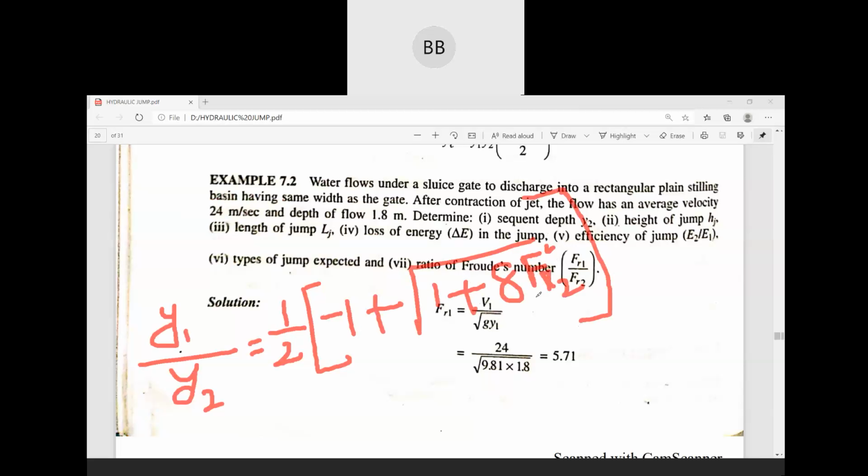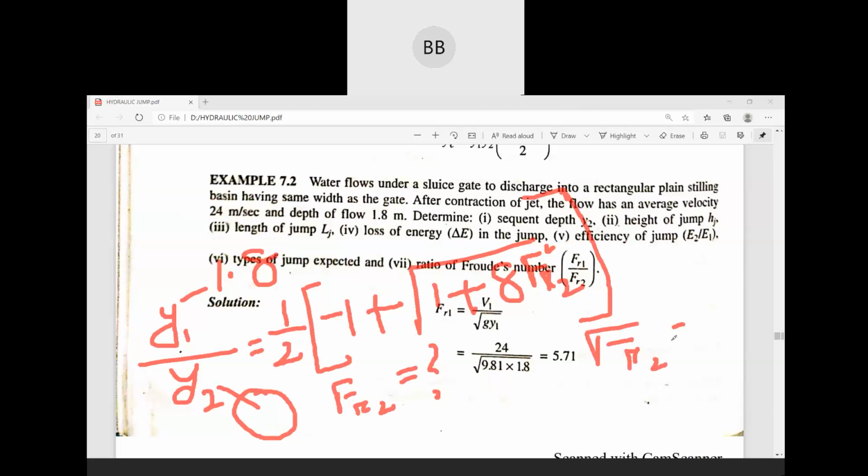From this equation your y1 is already known, I think it's 1.8. The y2 value you have already calculated, I think 13 point something, I don't remember. So the only unknown is Fr2, so you can find out Fr2 easily from this expression. Then we know Fr2 is nothing but your v2 divided by root over g y2. Fr2 is known, g value we all know 9.81, and y2 value we have already calculated.